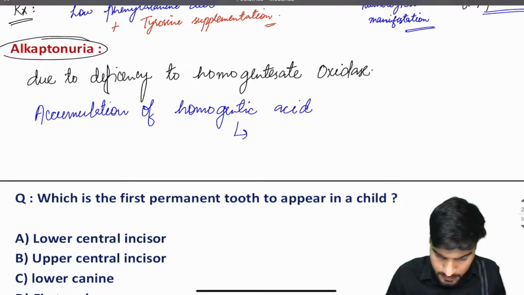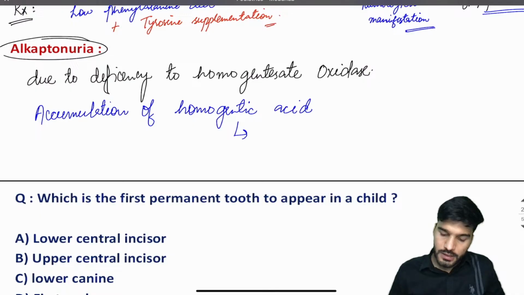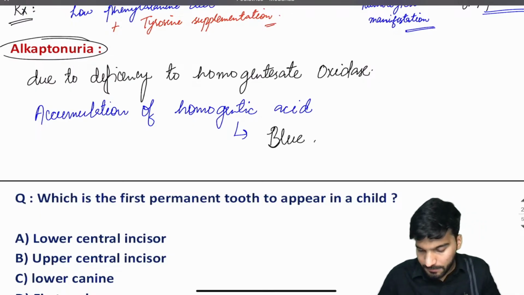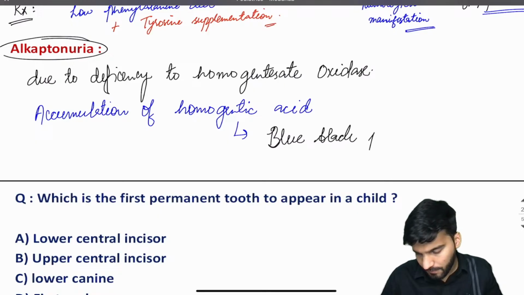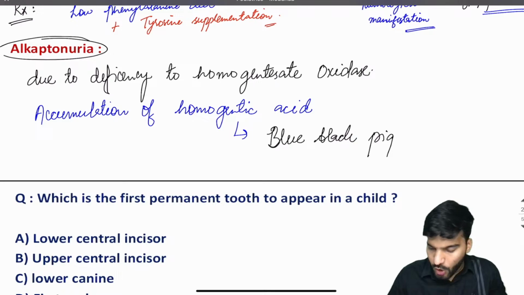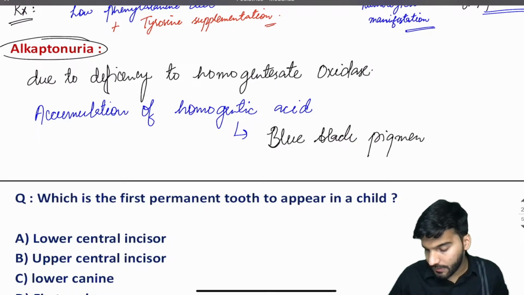which will further lead to the blue black pigmentation of sclera and cartilage.